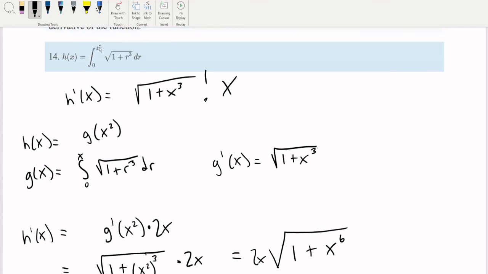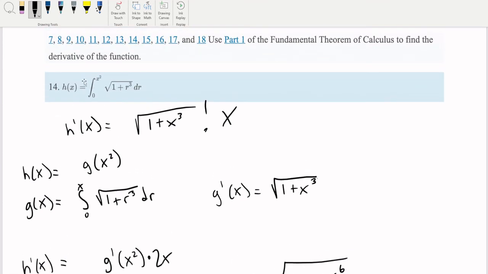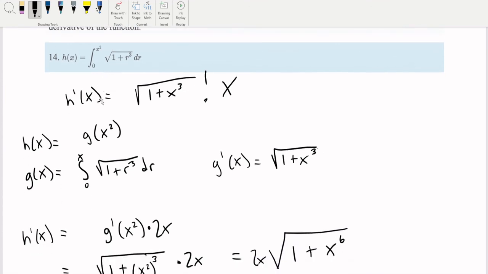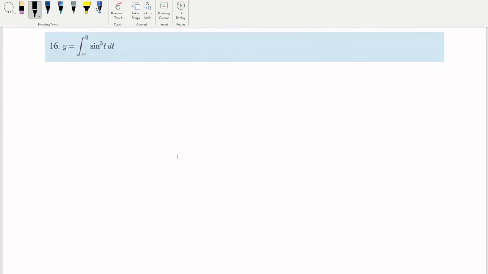So, chain rule, big important piece. If you see this is not just x, you're going to use the chain rule. But if you think of h as a composition of functions, then it's really not too bad to go through this chain rule. So let's try another one. Two messed up things here. Not only is this not just an x, but it's also on the bottom.